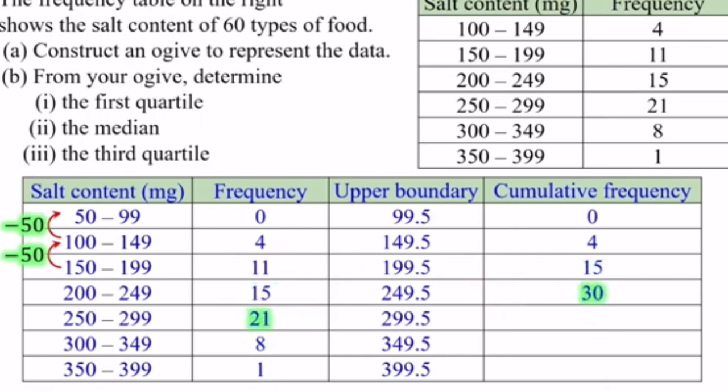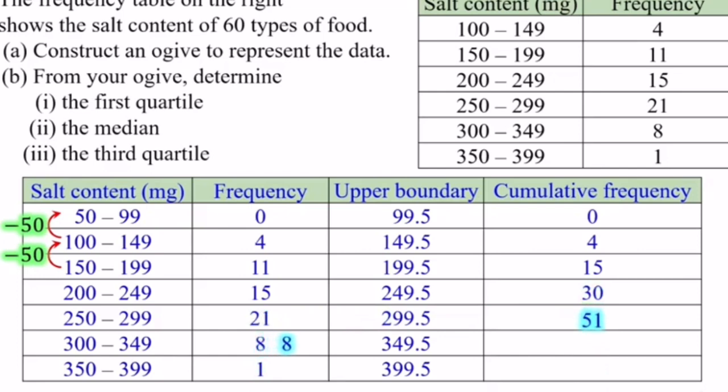It's the same thing as adding all the frequency all the way down, meaning you take 0 plus 4 plus 11 plus 15 plus 21. But instead of adding all the frequencies, we accumulate the frequency like this. It's easier. So we have 51, and then we add 8 to 51, so 51 plus 8 will be 59.